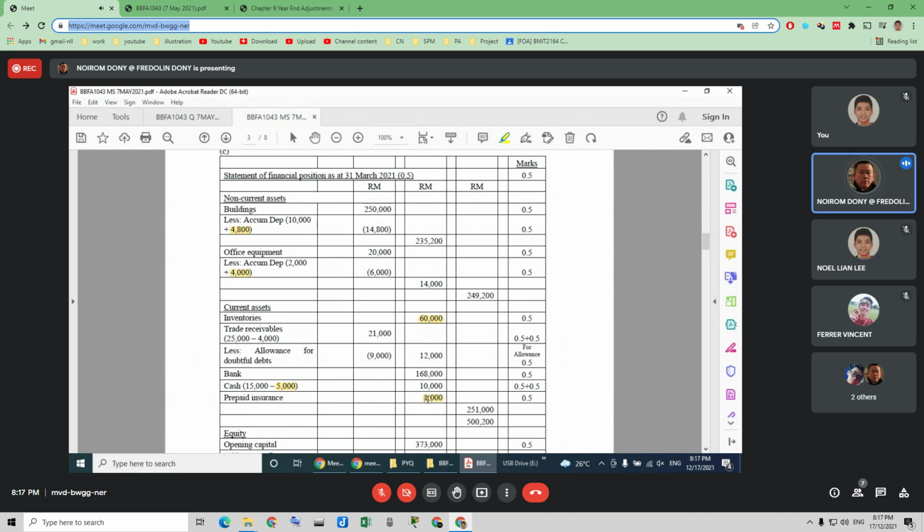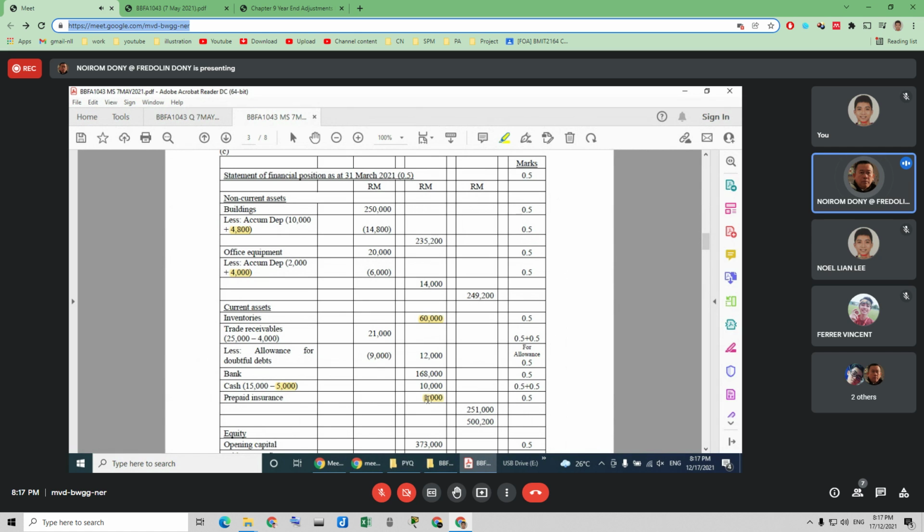Next one, number 4. The owner has taken 2,000 of inventory for personal use, and this has not yet been recorded in the books. Now, the owner taking 2,000 worth of inventory, this indicates a drawing.